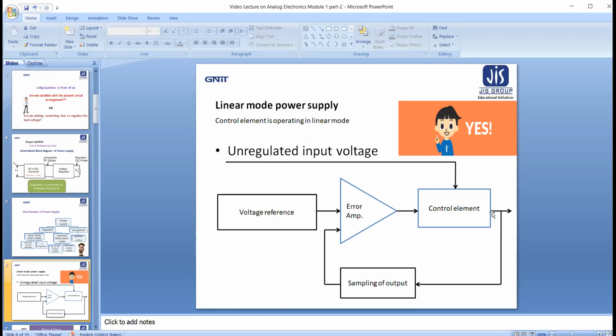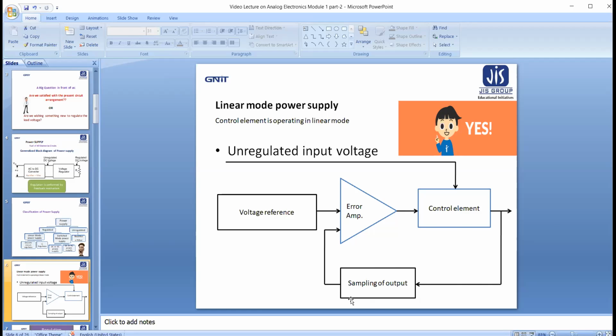But before going to the detailed discussion, first we have an outlook on this circuit. The control element produces the regulated output voltage by using this feedback path. If you look into this lower portion, it is a feedback path. The control element output is going to the sampler circuit, which is nothing but a feedback circuit also.